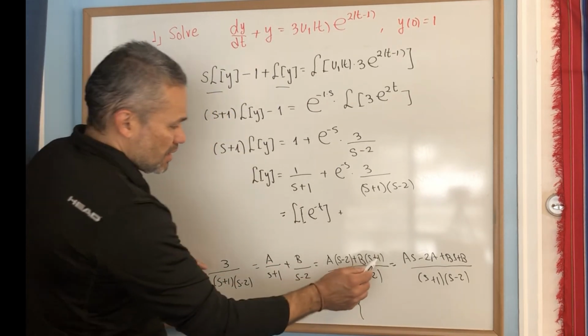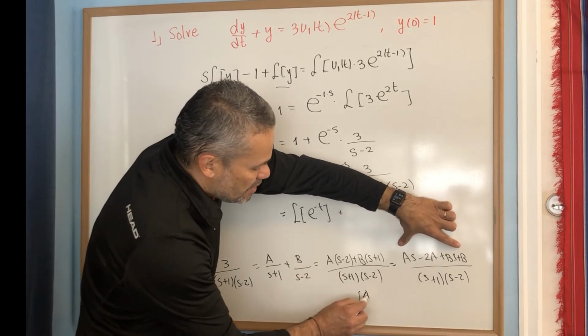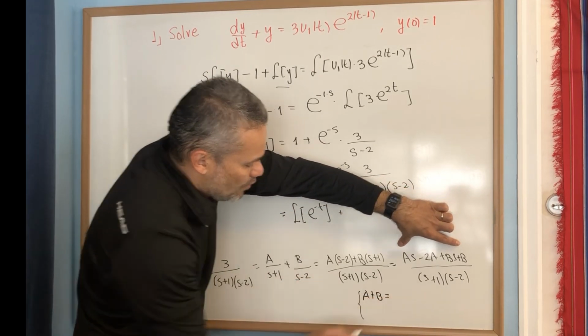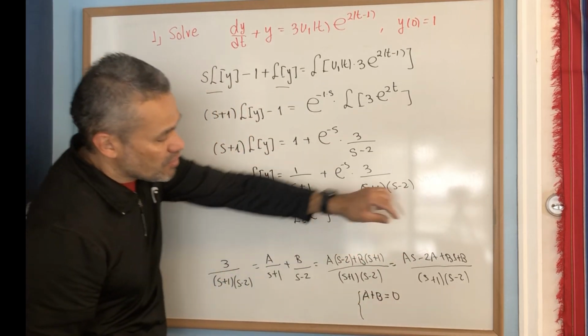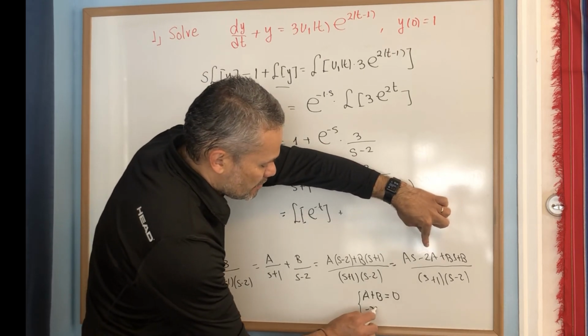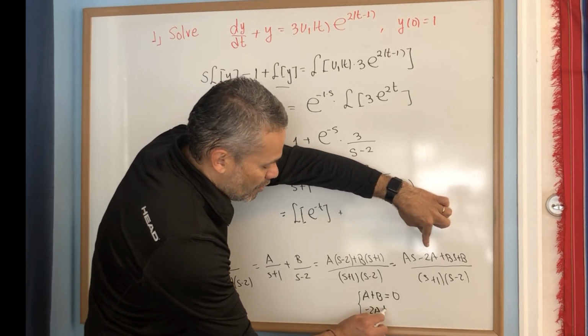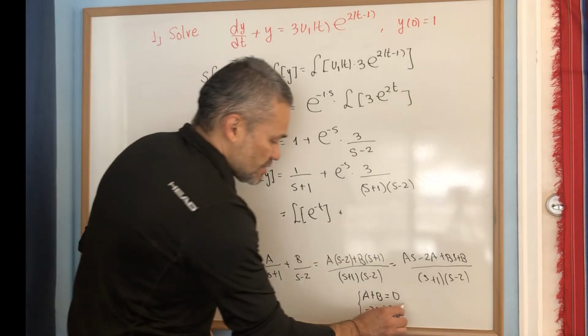We want the coefficient of s on the right, which is a plus b, to be equal to 0. And the constant coefficient here is negative 2a plus b, and the constant coefficient on the left is 3.